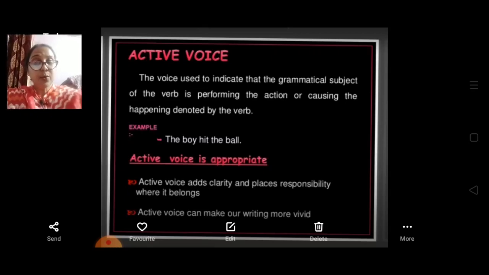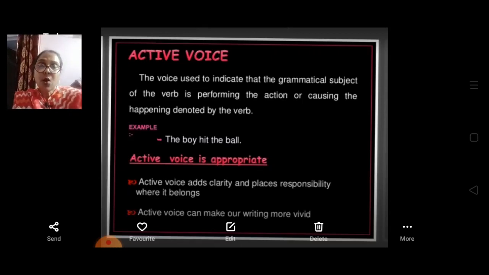If we are going to say, Britney Spears sang a song, now Britney Spears is the subject over here, sang is the verb and song is the object. So Britney Spears sang a song. It means Britney is the doer, sang is the verb or action, and a song is the object.